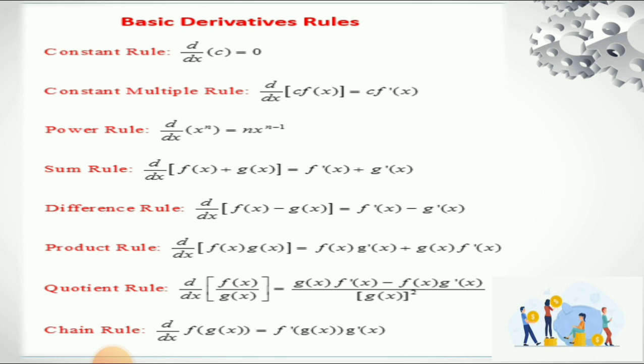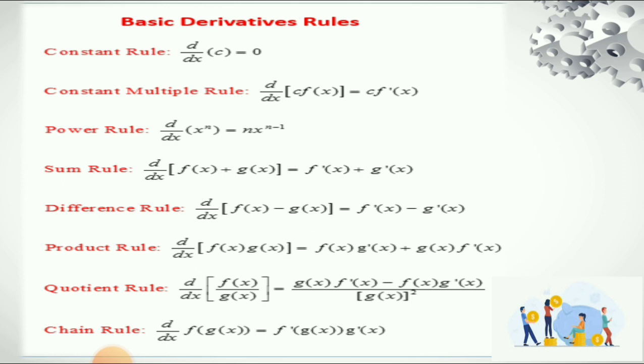In the product rule, d over dx of f of x times g of x is equal to f of x multiplied by the first derivative of g of x plus g of x times the first derivative of f of x. In the quotient rule, d over dx of f of x over g of x is equal to g of x times the first derivative of f of x minus f of x times the first derivative of g of x, all over g of x raised to the power of 2.